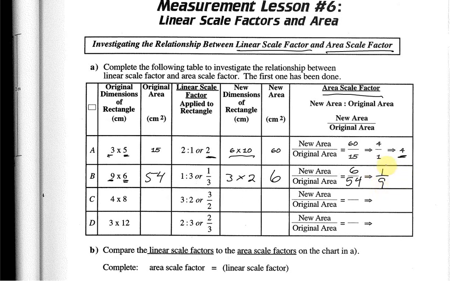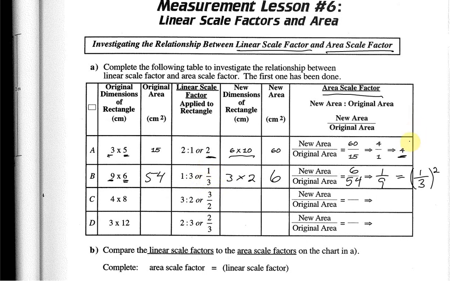Now, when we take a look at this 1 over 9, let's see, if we were to square root both the top, square root of 1 is 1, and the bottom, square root of 9 is 3. Now, that 1 over 3 is the same as our linear scale factor.